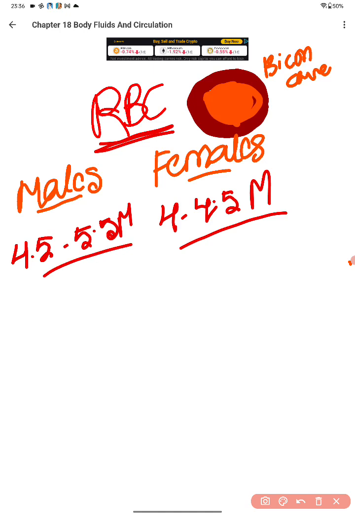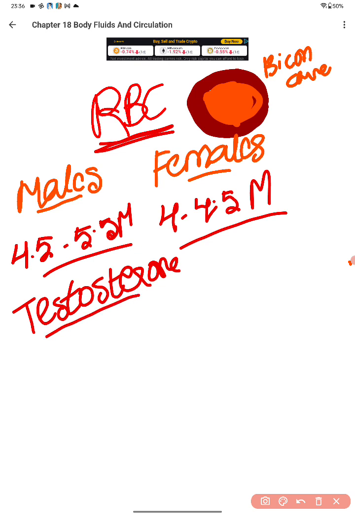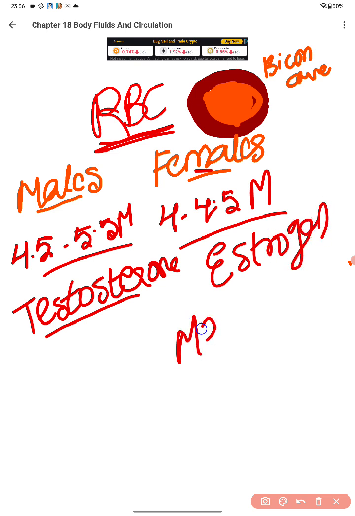In males, the RBC count is more because of the influence of testosterone. Testosterone is the male androgenic hormone, and in females it's less because of estrogen, and females undergo menstruation, because of which a lot of blood loss is there.